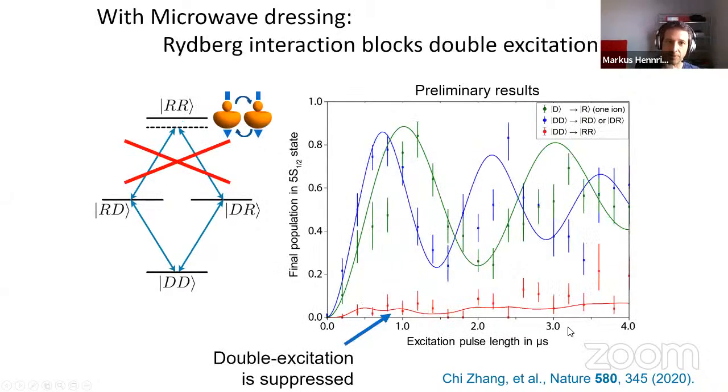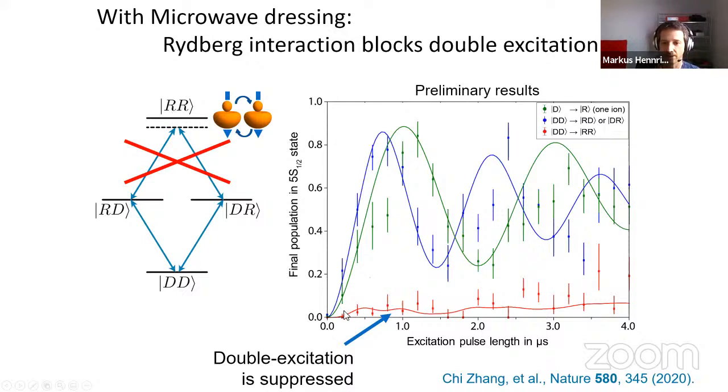On the other hand, if you now apply your microwave field and you excite to the dressed Rydberg levels, you expect that the two oscillating dipoles interact with each other. You have a Rydberg-Rydberg interaction, and due to that, you cannot excite both ions at the same time into the Rydberg state.